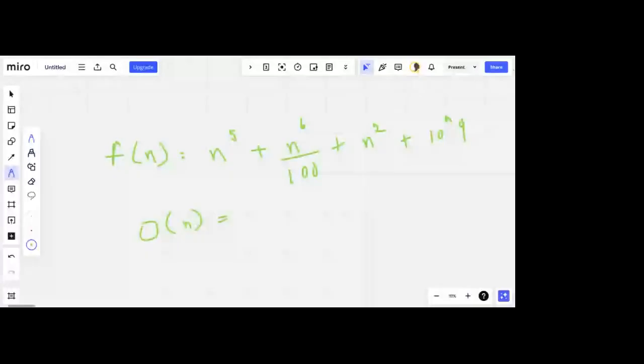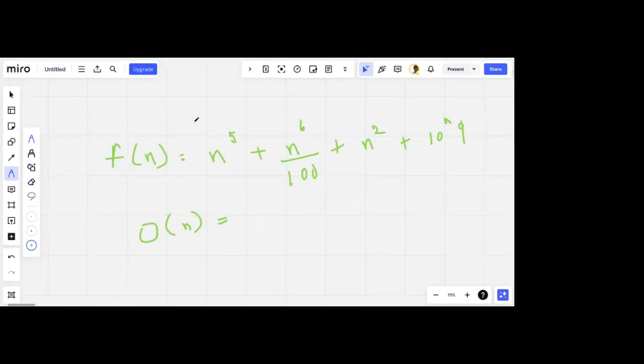So what I'm asking is, for this f of n, what would be the big O of n? Very good. It will be n to the power 6, right?